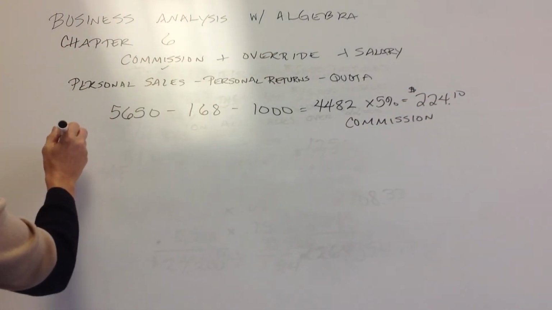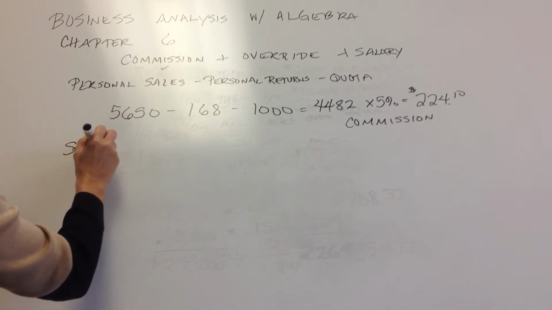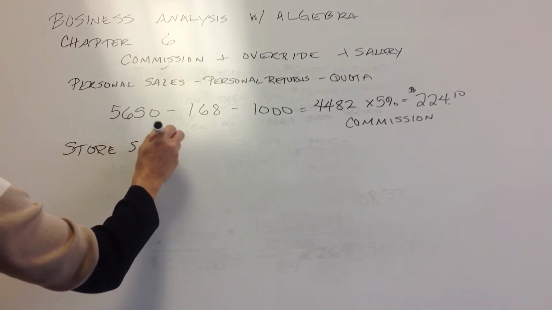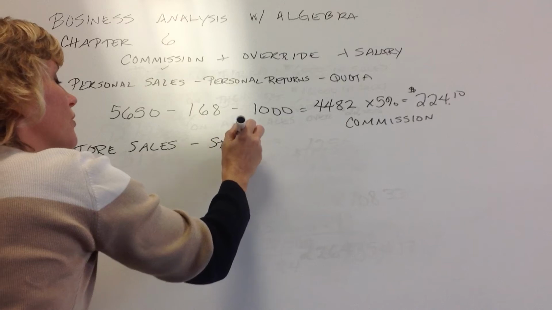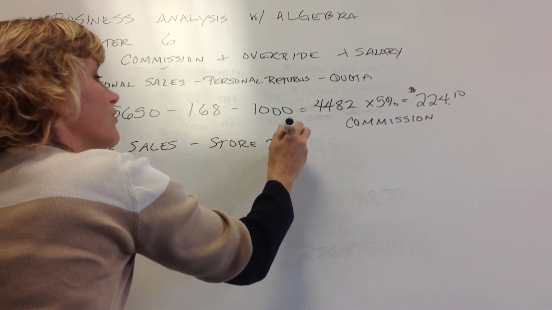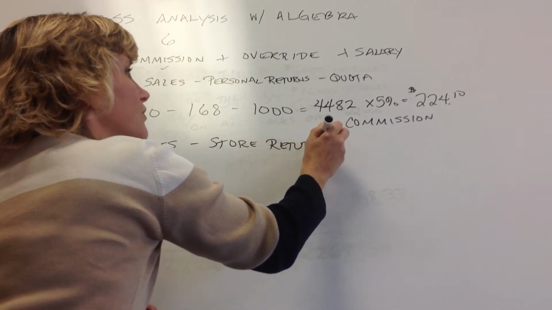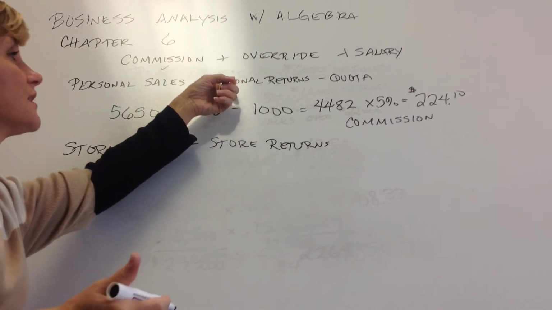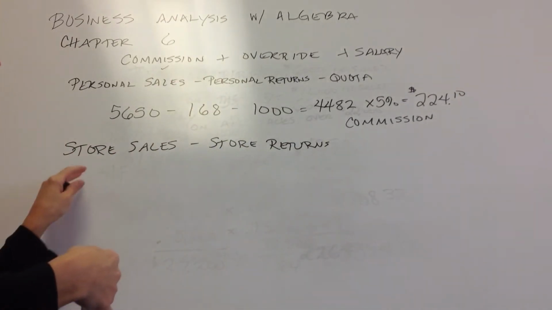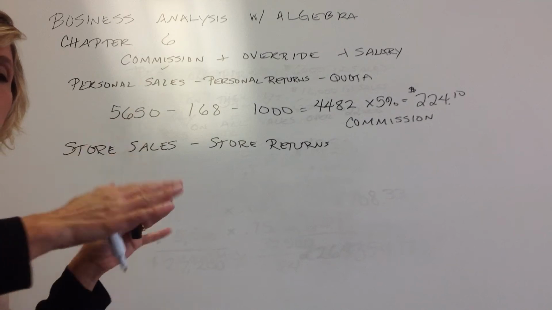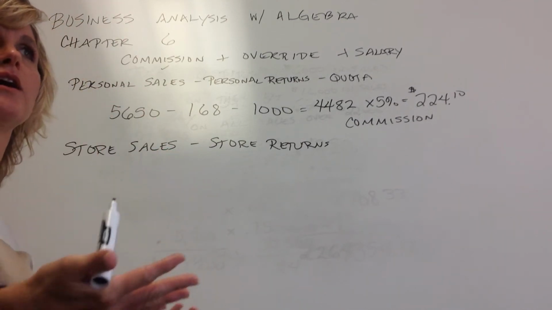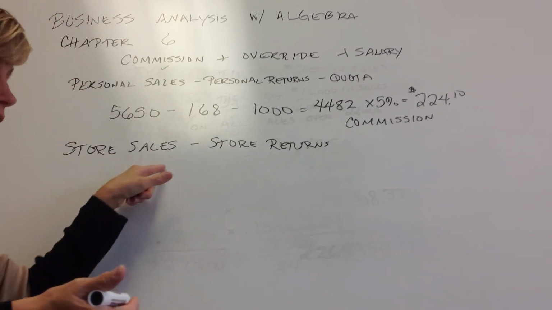Then for the override, we take our store sales minus our store returns. Now in this case there is no store quota, so the quota only relates to the commission. It's only on your personal sales. This again is dealing with more your management level. You're going to get a cut of whatever all of your workers sell.